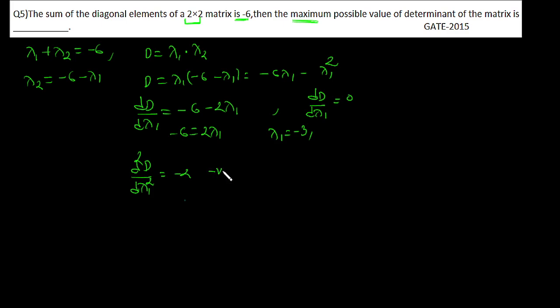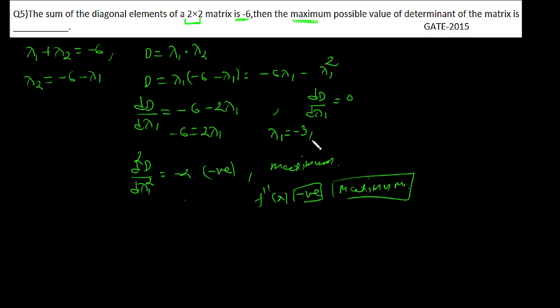Now it is negative, so we can say that this point corresponds to the maximum value from calculus. The basic theorem of calculus: if any function has its double differentiation negative at that point, then it is a maximum value.